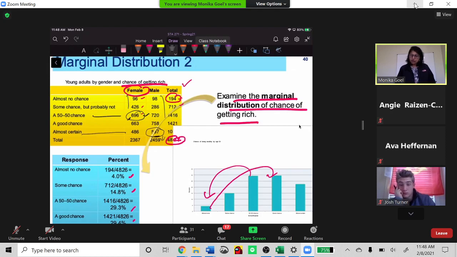If I'm looking among all the people who have almost certain chance, then I'll divide with this. And if I'm talking about male, almost certain chance among all the subjects in this study, then you divide with this. So now we are talking about three denominators.